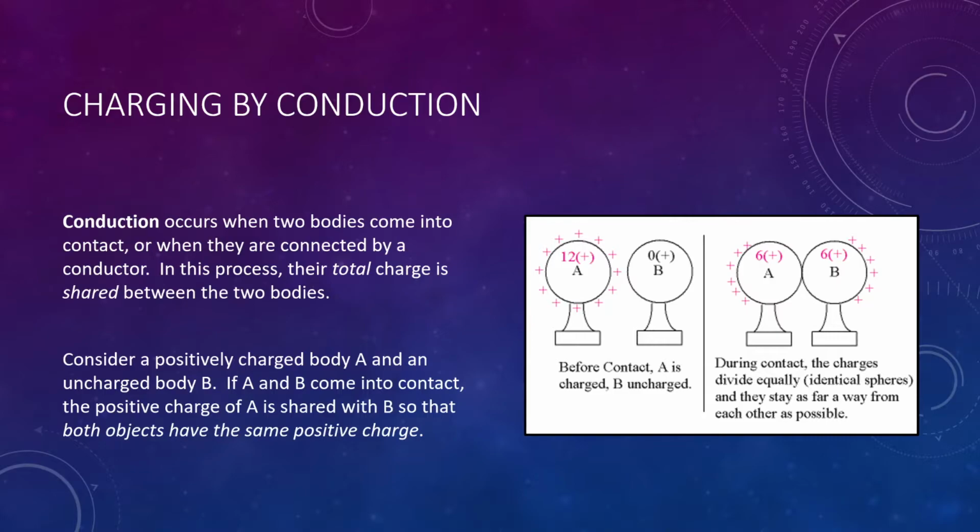They split that charge. 12 divided by 2 is 6, so they each get 6 charge as a result. This is a way you can charge objects, right? This is the process of conduction. So now object B, which was originally neutral, now has a charge of positive 6 as well. So they shared their charge by physically touching each other in the process of conduction. But that's not the only way you can charge things.